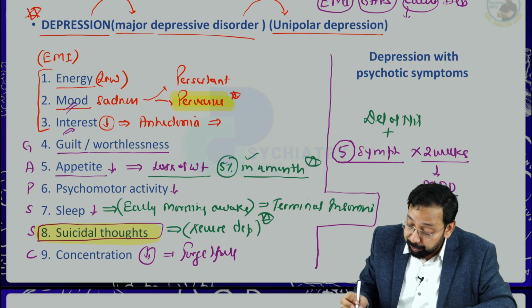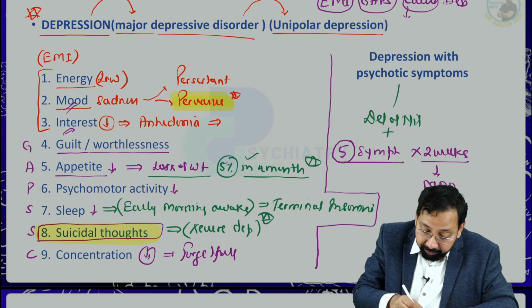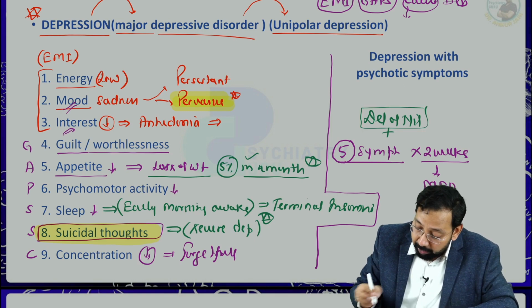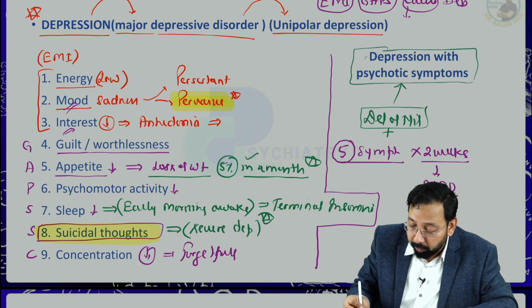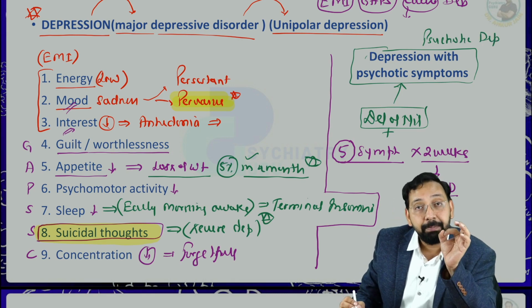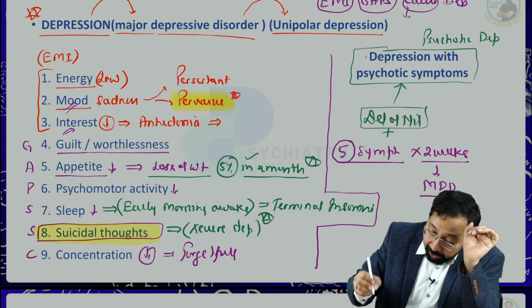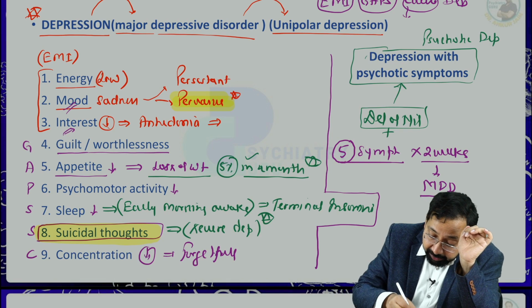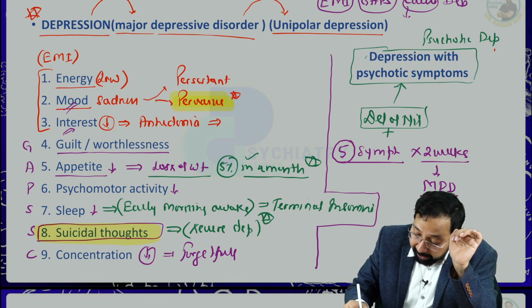You will say this patient is having depression with psychotic symptoms, or psychotic depression. What is the treatment of psychotic depression? Point it out. In psychotic depression, depression is there. So if you want to treat the depression, definitely you will treat by antidepressant.